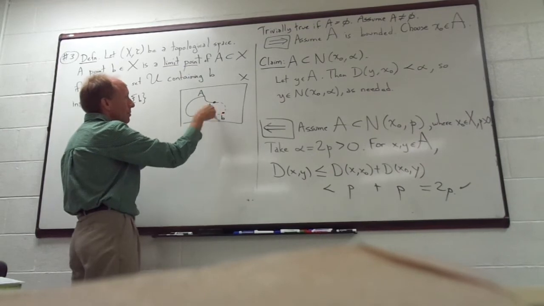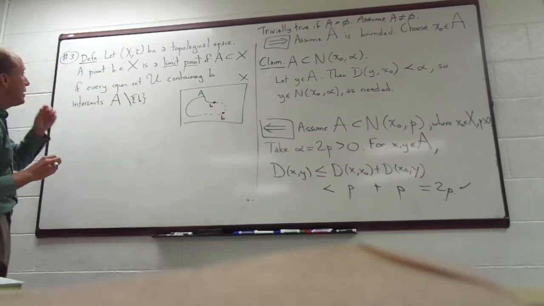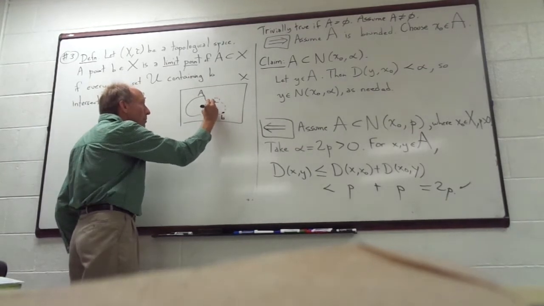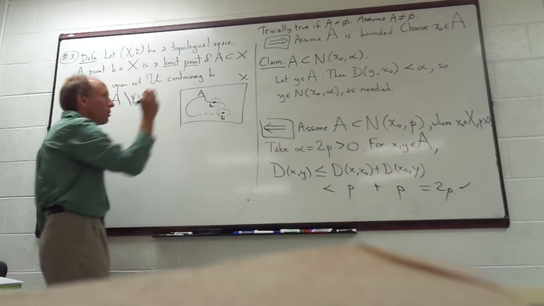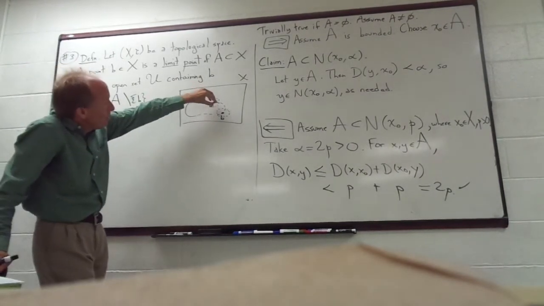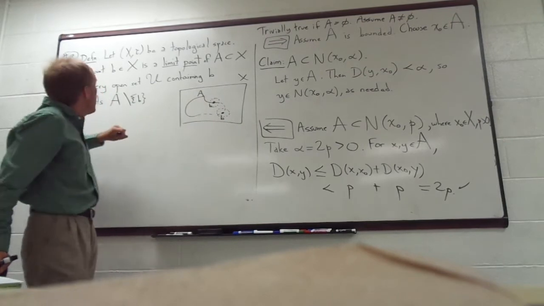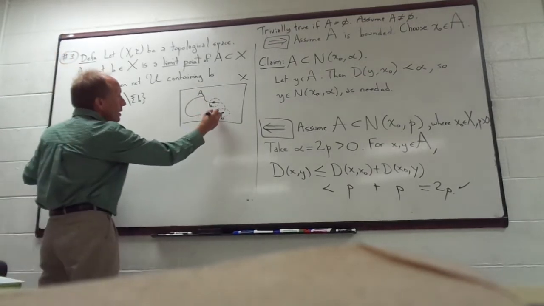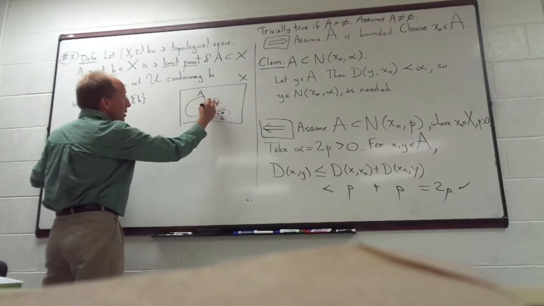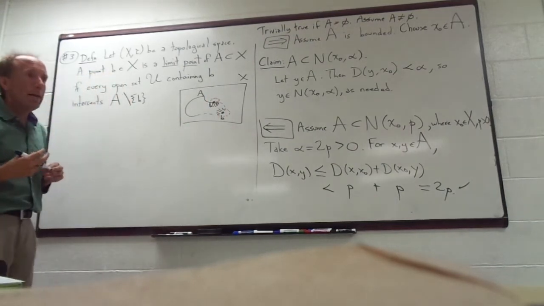So you could have a picture like this. The idea is that if you make any open set around B, no matter where B is, for B to be a limit point, every little open set that you could draw around B will actually intersect part of A.